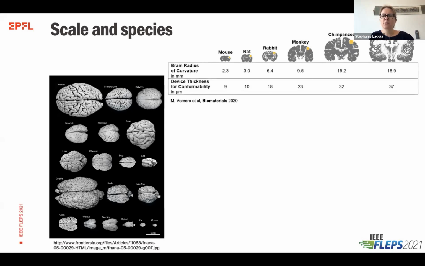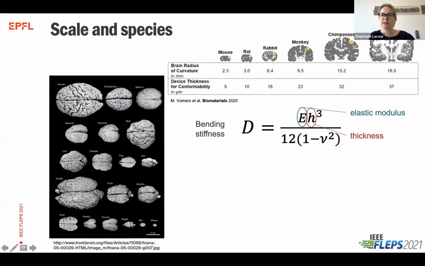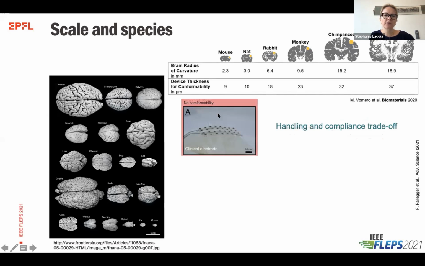Here I borrowed a table from a recent paper from the group of Thomas Stieglitz, where they put together some very useful numbers that you can use when you want to design your ECoG devices.